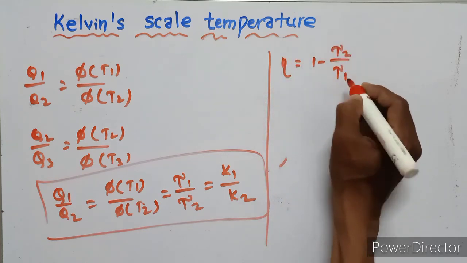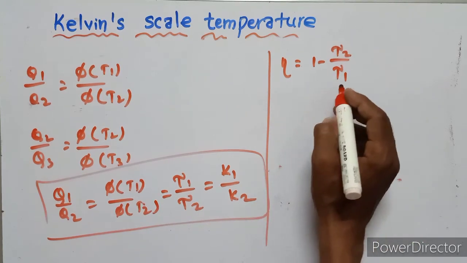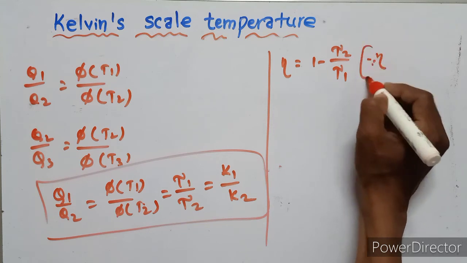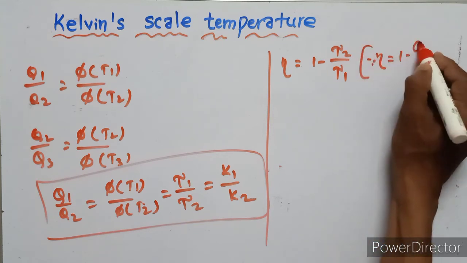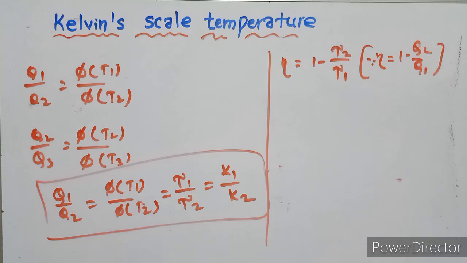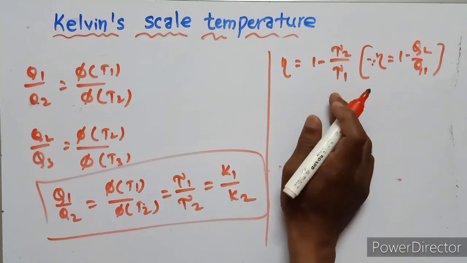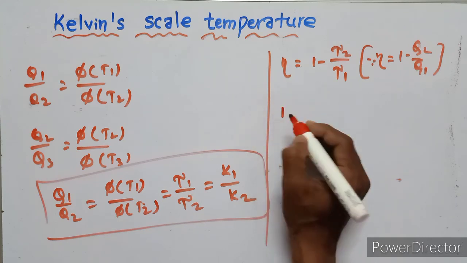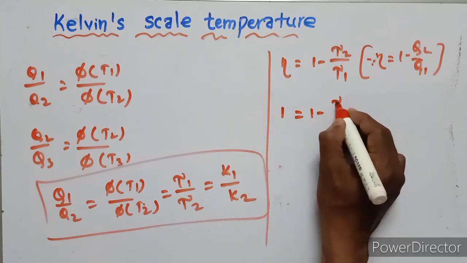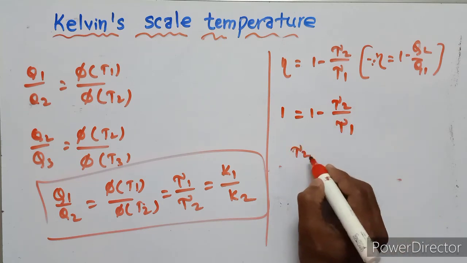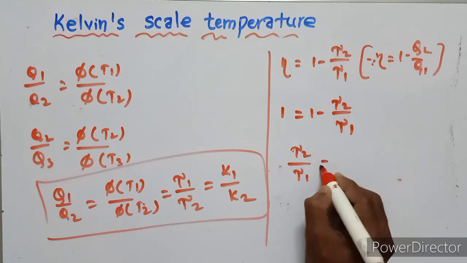Since eta equals 1 minus Q2 upon Q1, the efficiency of a Carnot engine is 1, that is 1 minus tau 2 upon tau 1 equals 1, so tau 2 upon tau 1 equals 1 minus 1, that equals 0.